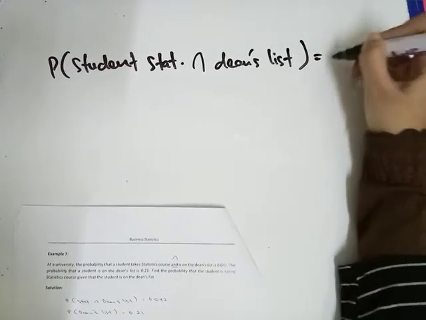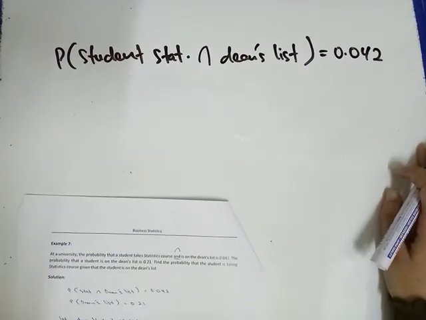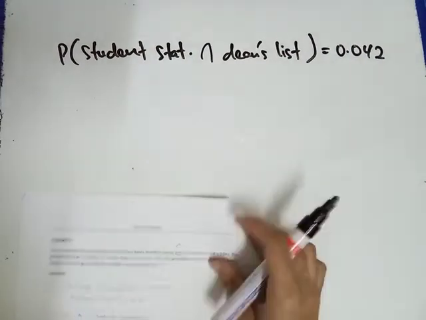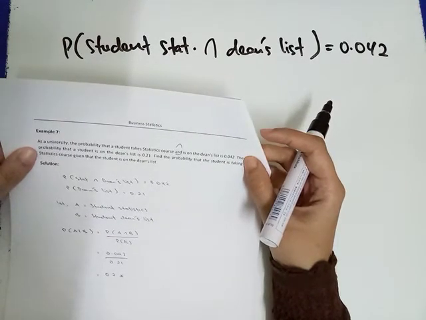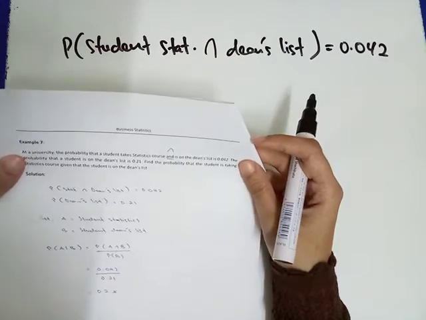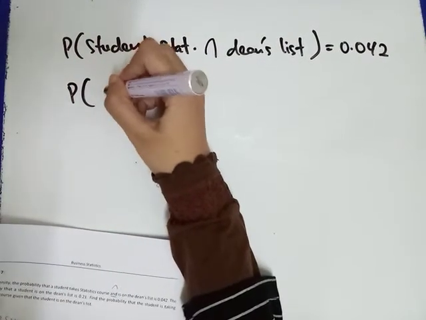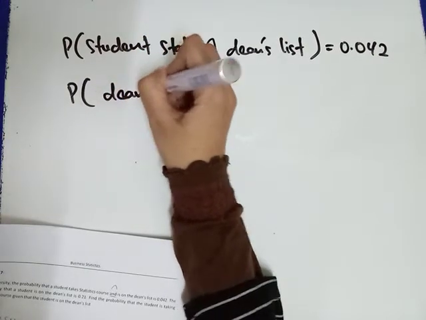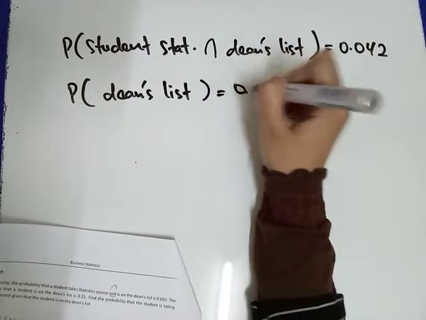Dia bagi tahu situ 0.042. Okay, itu yang dia bagi. And then next sentence, the probability that a student is on the Dean's list is 0.21. Dia bagi tahu probability student Dean's list. Okay, probability student Dean's list, okay, is 0.21.